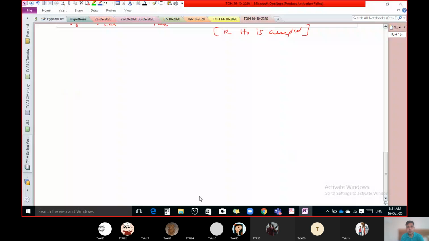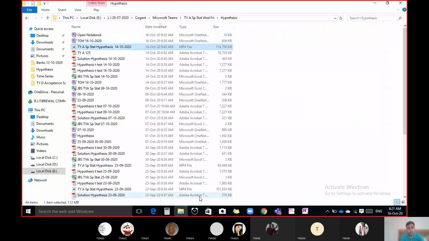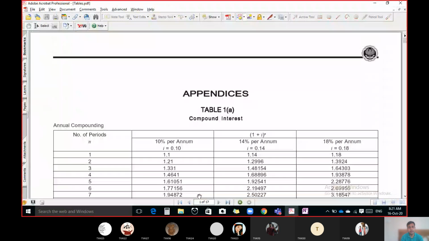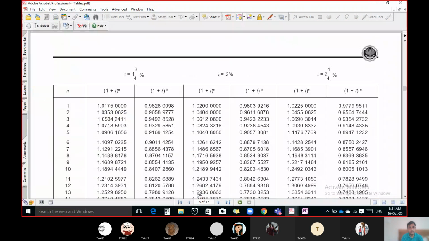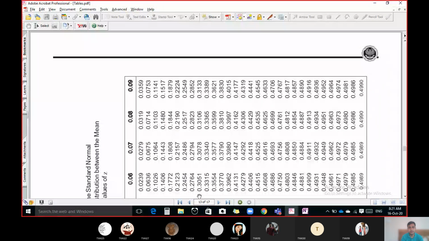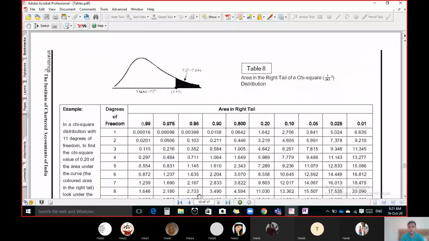Okay, now let us discuss how to see table. See, this is area in the right tail of chi-square distribution.